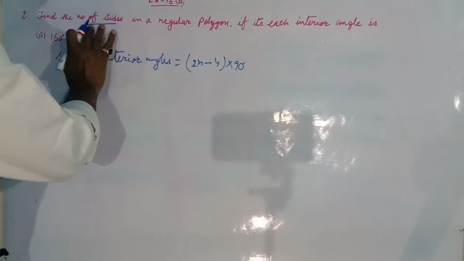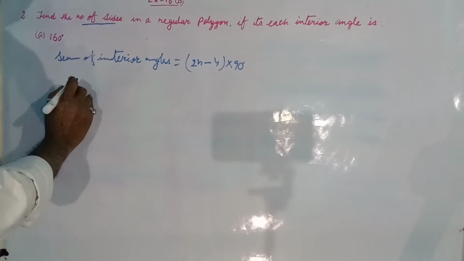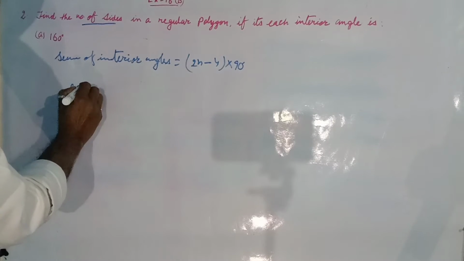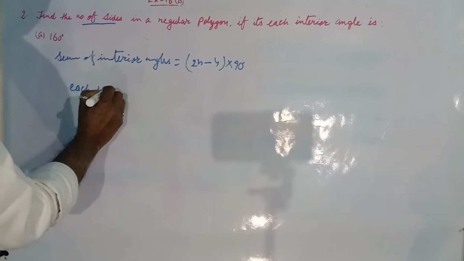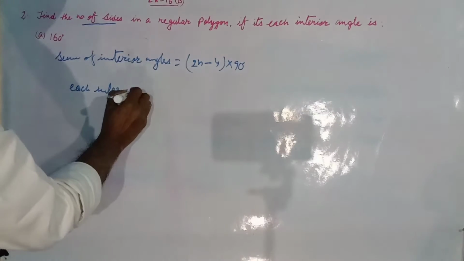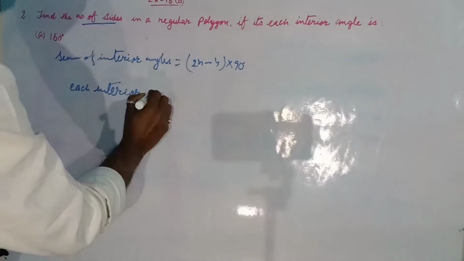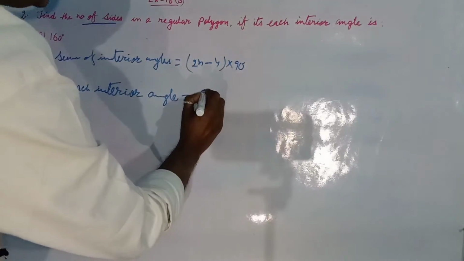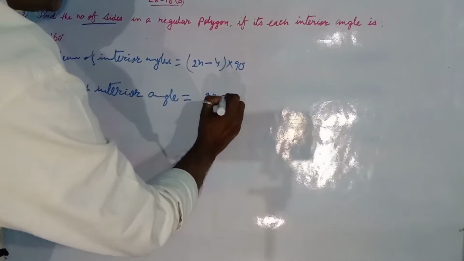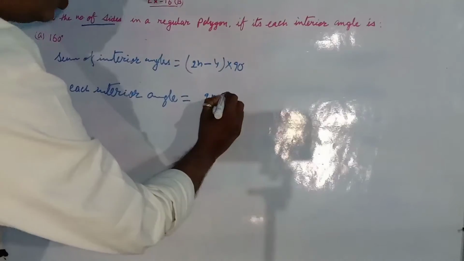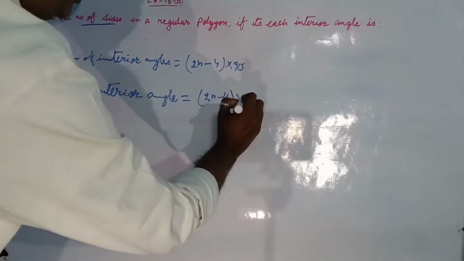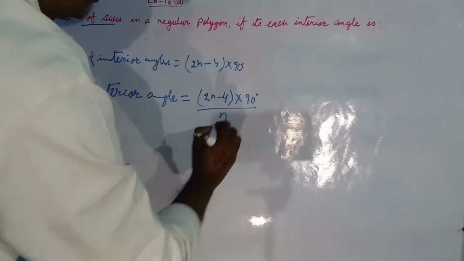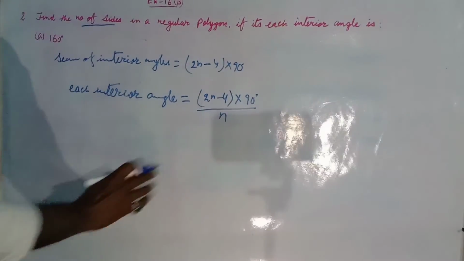Then we will write the number of sides with each interior angle. Then we will write each interior angle. And we know that each interior angle equals to, as we have done in question number 1, 2n minus 4 into 90 by the number of sides, that is n.